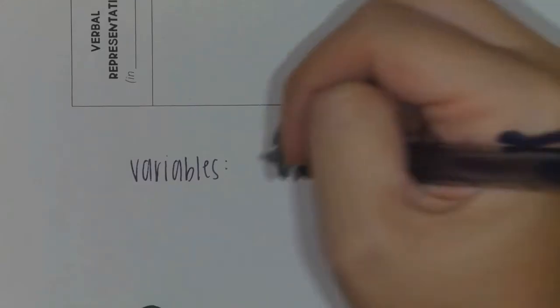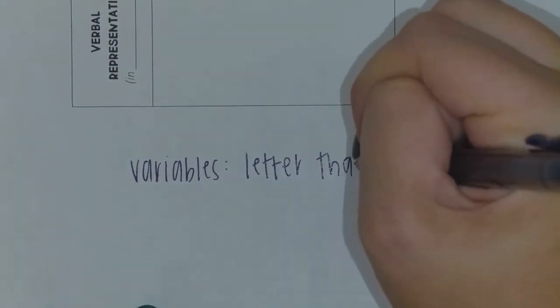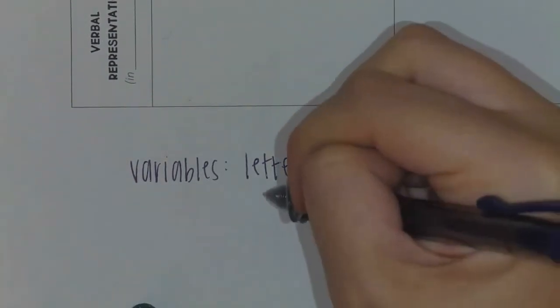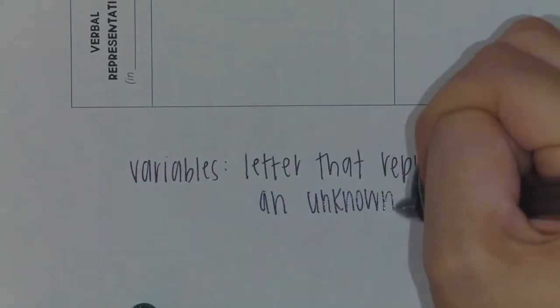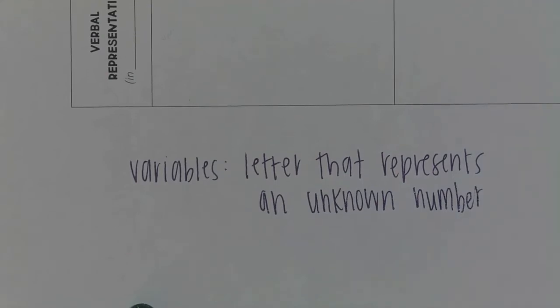So the definition of a variable is a letter that represents an unknown number. We're getting to the part of math where we're going to start solving for variables. We're going to start trying to figure out what these letters represent.